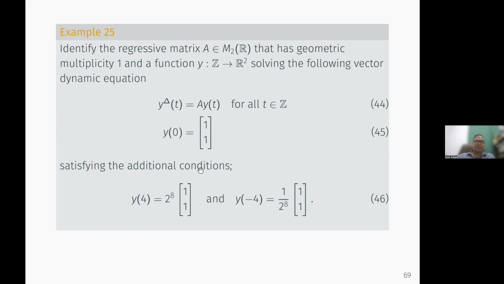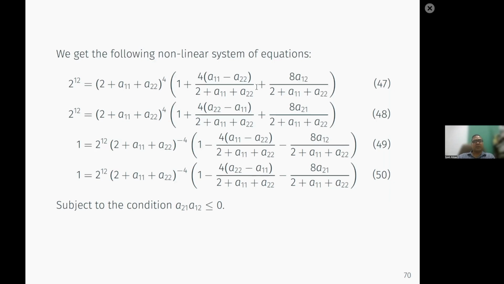And they satisfy this additional condition that y(4) is given by 2^8 times 1, 1 and y(minus 4) is given by this. So in order to solve this, again, we need to solve the system of nonlinear equations, subject to this condition that a21 a12 is less than or equal to 0.